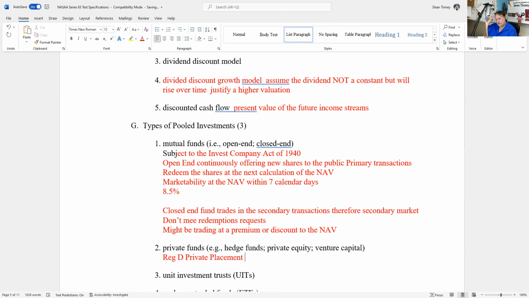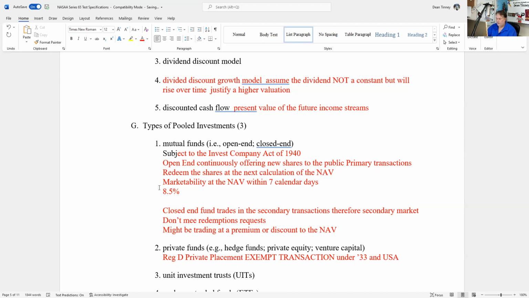And remember, it's very important to know that is an exempt transaction under the '33 Act and does not need to be registered under the Uniform Securities Act.